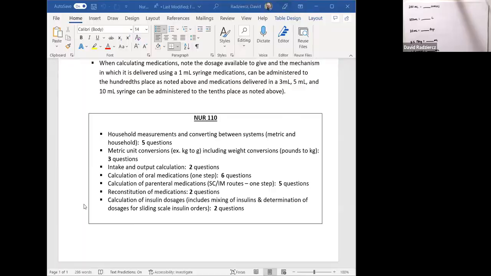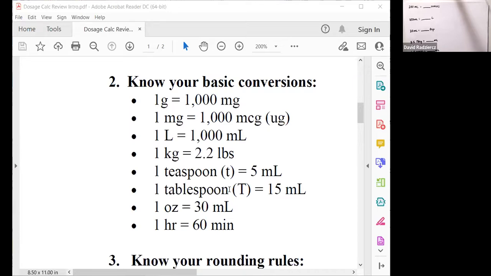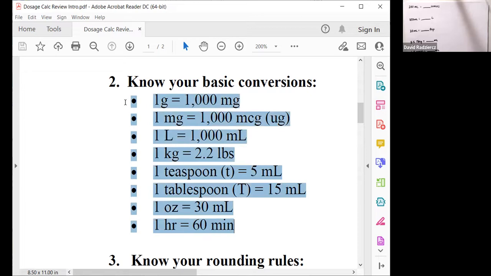Okay. So that's not what I want to share. So give me 1 second. I'm going to show you what that would look like. So this is a sampling, and there's a few more that I'm going to add in. So if you go into where the practice tests are for Allegheny campus, it says no dosage calc review intro, and that form gives you all these things. But this is basically the conversions that you need to know for taking your test.